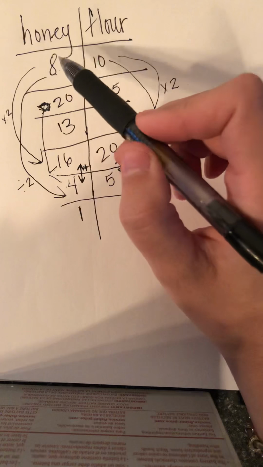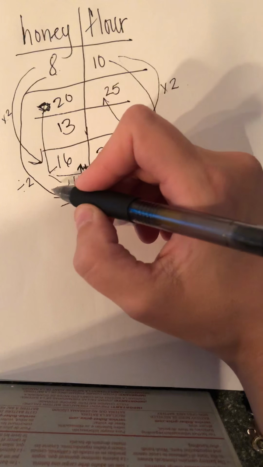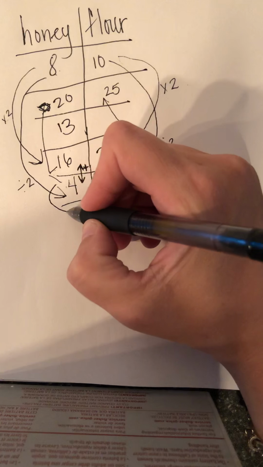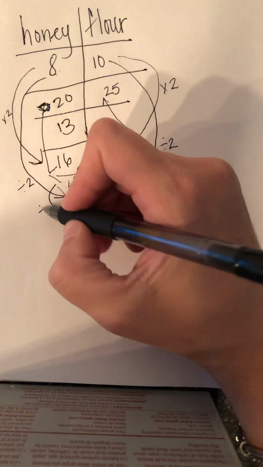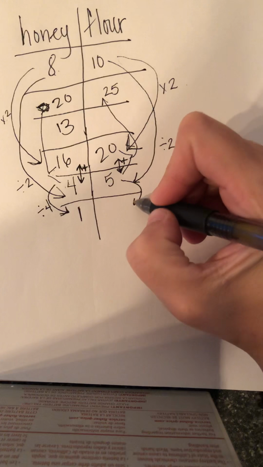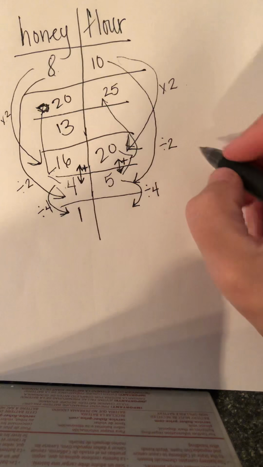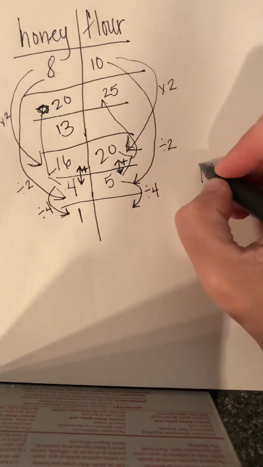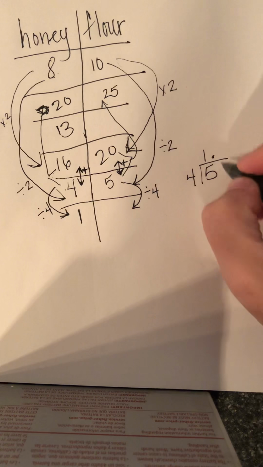So if I decide to go from, let's just try 4, okay? I know to get from 4 to 1, I have to divide by 4, which means I'm going to divide this side by 4 as well. So that leaves me 5 divided by 4 goes in 1 point.